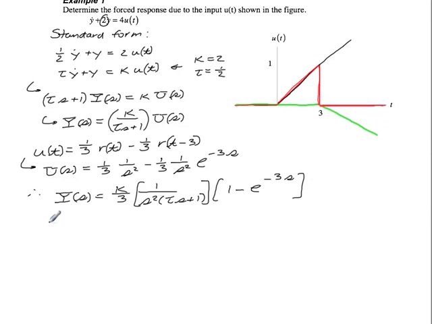So if we do our partial fraction expansion, we have a fraction of 1/s squared times tau s plus 1.